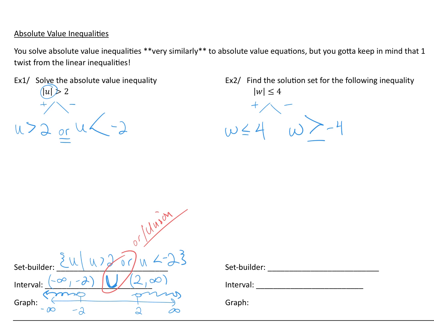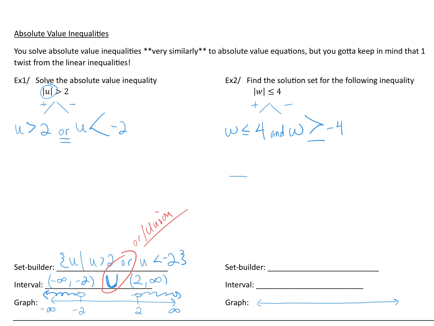Now with an absolute value being less than a number, this creates an and inequality. You don't have to smush these together into a single inequality, although you can. And I'm going to explain how to by looking at the graph.